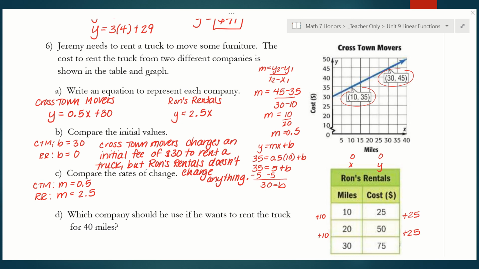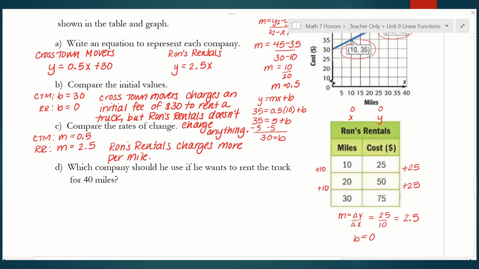So what it means is that Ron's Rentals is charging you $2.50 per mile, but Crosstown Movers is only charging you 50 cents per mile. So we can say Ron's Rentals charges more per mile.